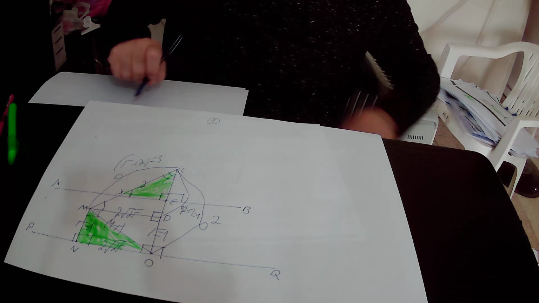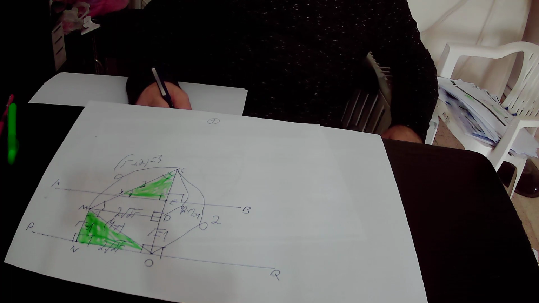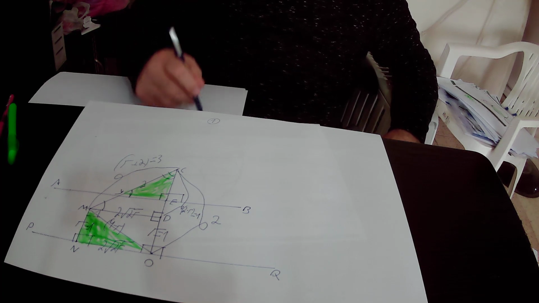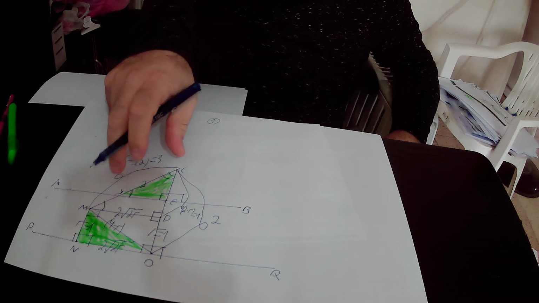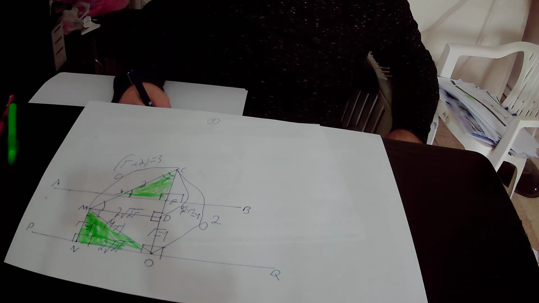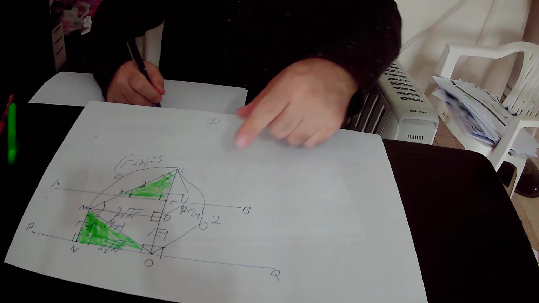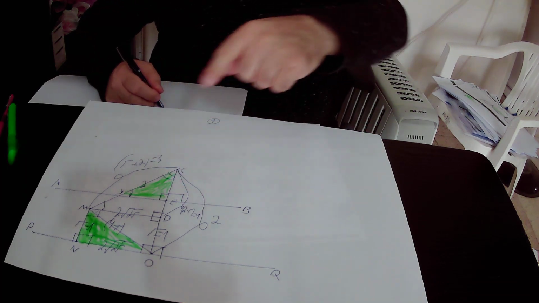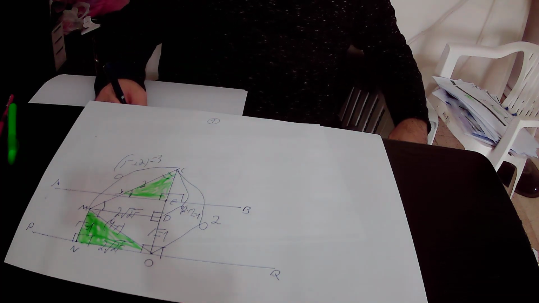Okay, so I write it down. We will conclude that CE over CY in the green triangle equals CD over CM in triangle CDM.